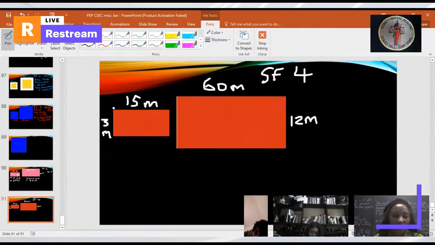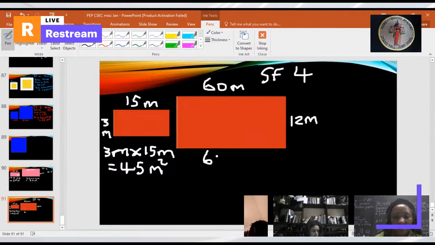The area for the small rectangle would be 3 meters times 15 meters, so that's 45 meters squared. And the area of the larger rectangle would be 60 meters times 12 meters, which is 720 meters squared.